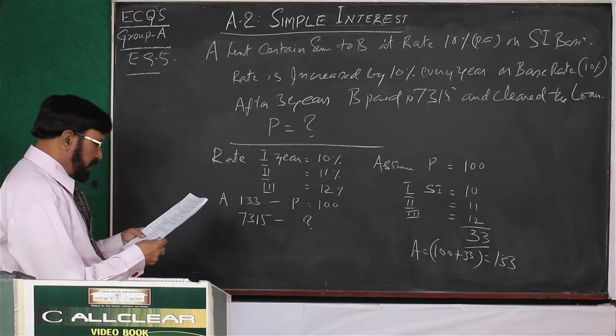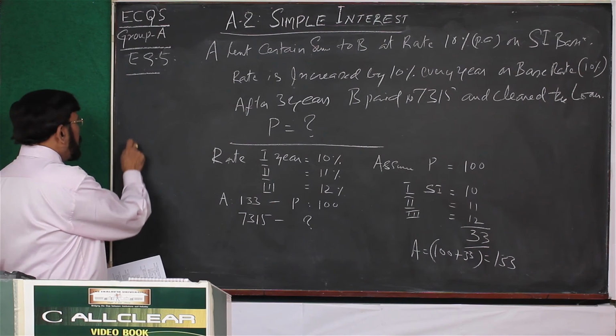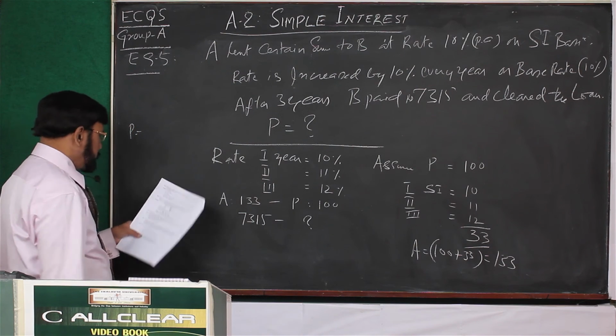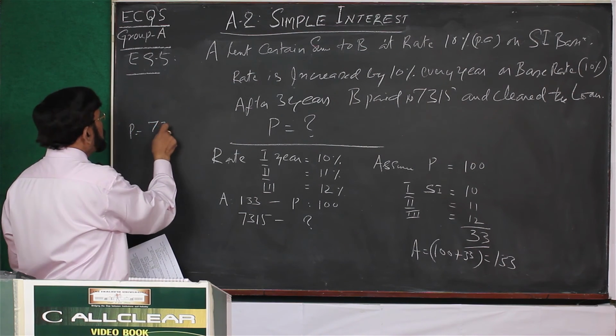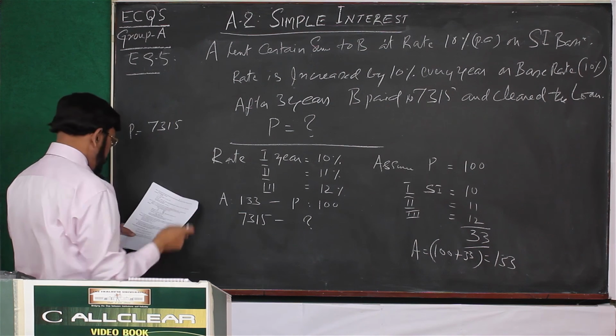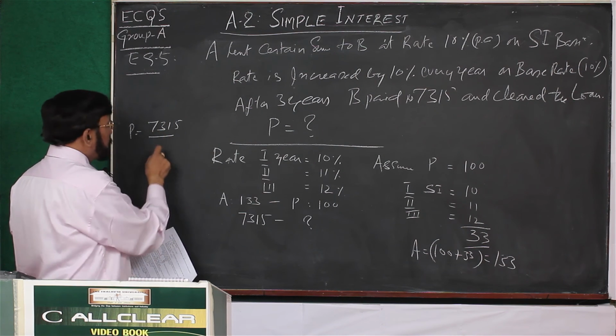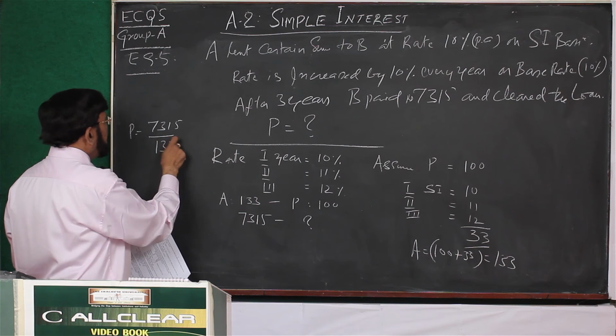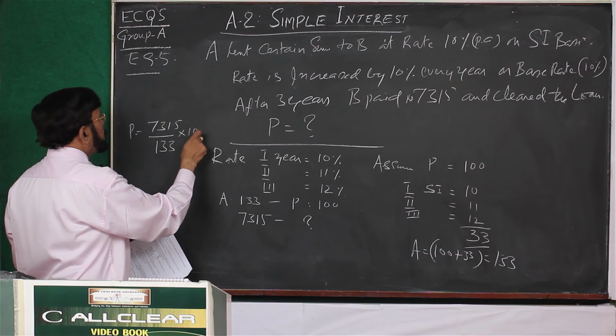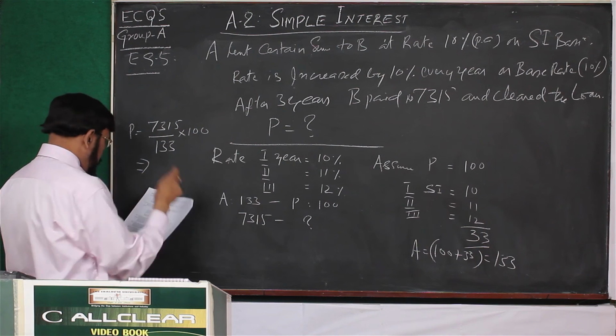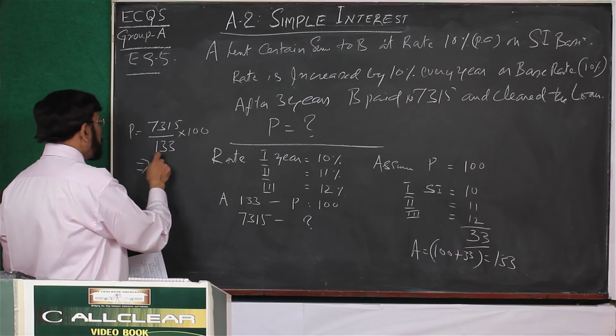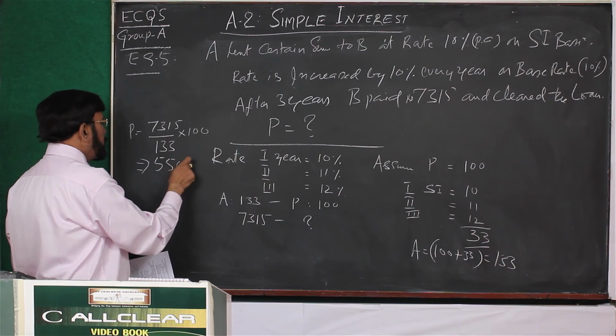This is the way we have to calculate. Then, P is equal to 7,315 by 133 into 100. If you calculate this, you can get 5,500 is the principal.